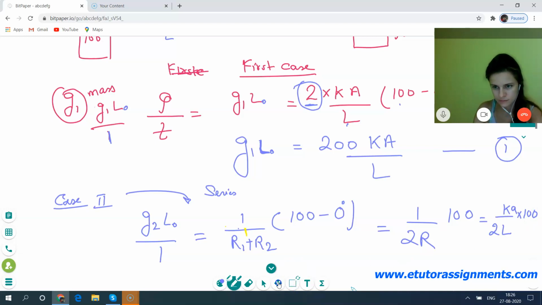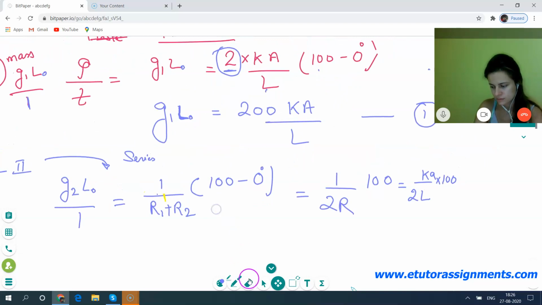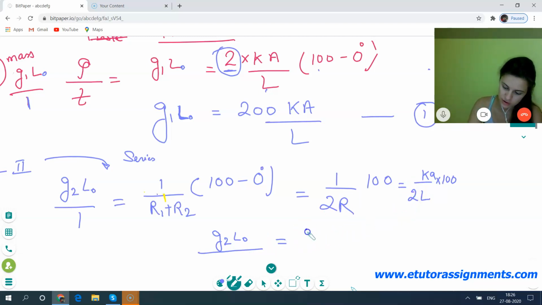Is it clear? Then equation number 2: G2 L0 is equal to 50 KA divided by L.